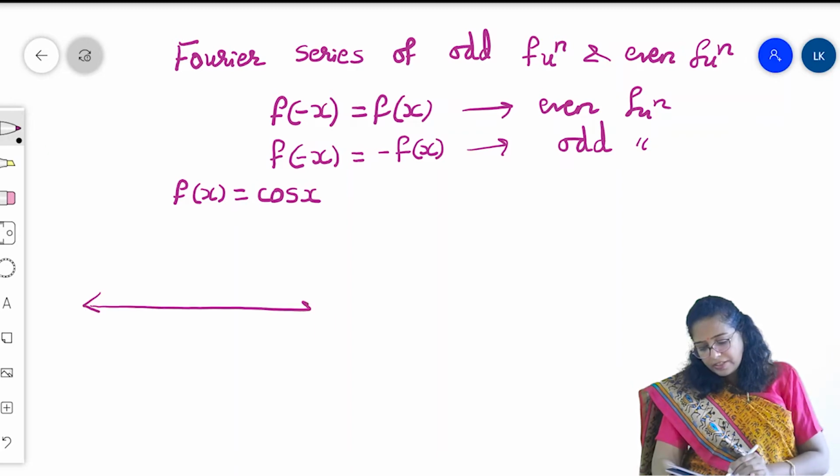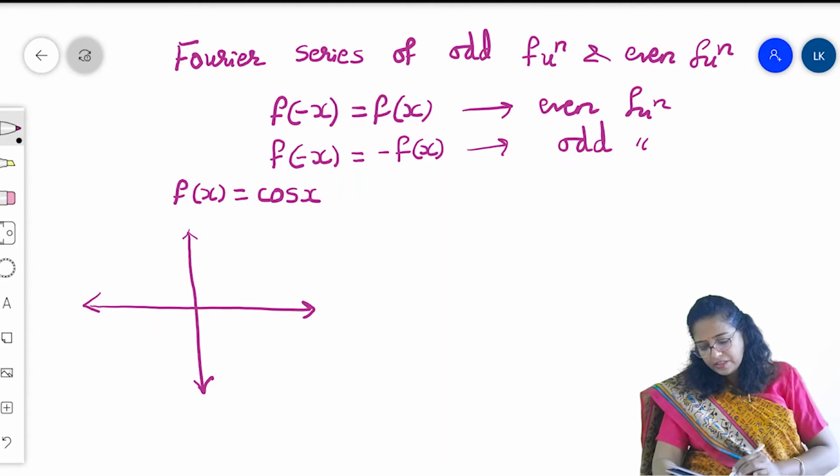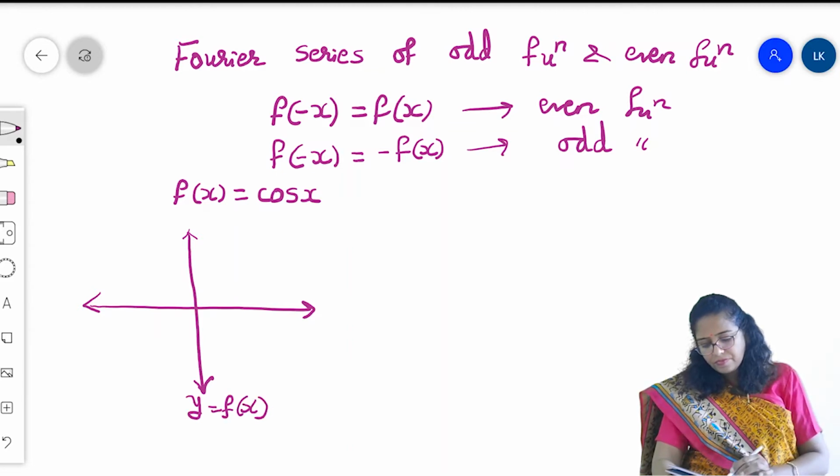First draw the x-axis, then the y-axis, y is equal to f of x. Mark the 0 point on the x-axis, then pi by 2, pi, 3 pi by 2.